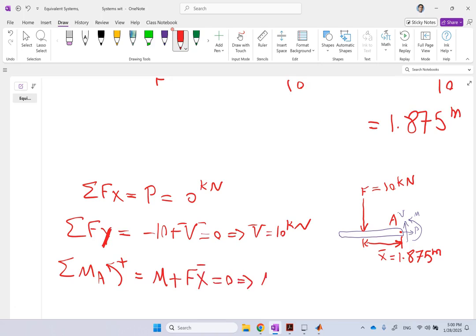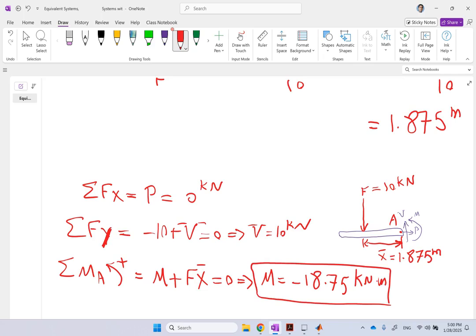So from here, M is going to be negative F times x bar, and that is going to be negative 18.75 kilonewton meter. So these are your reactions: shear force, axial force, and bending moment. Done.